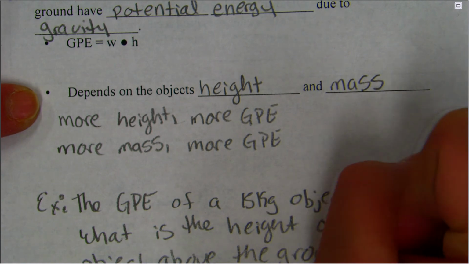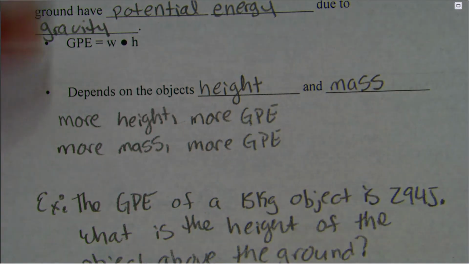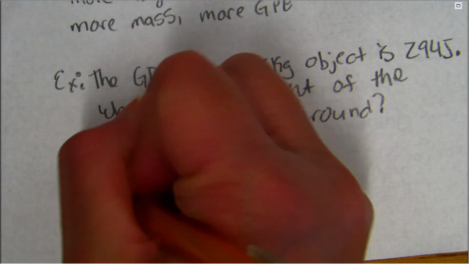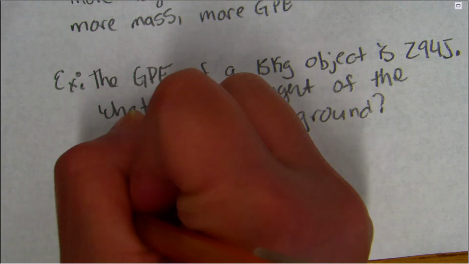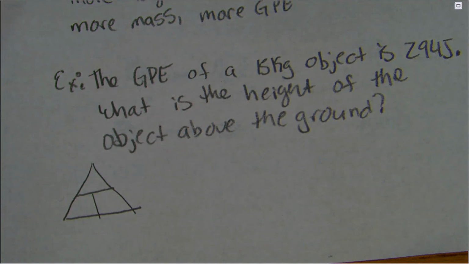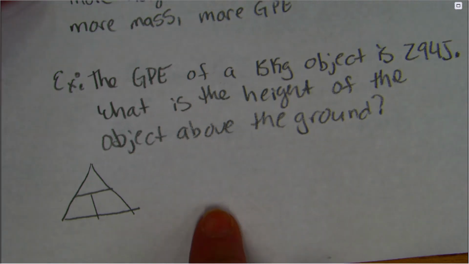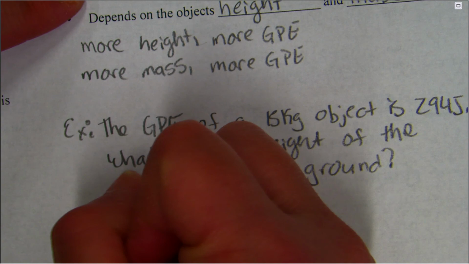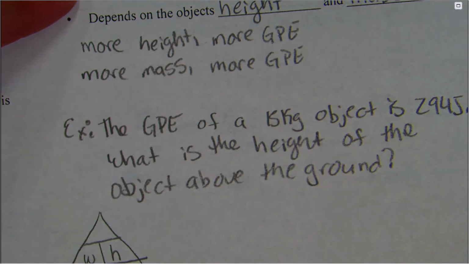So step one, we have to set up our triangle. All right. Gravitational potential energy is weight times height.